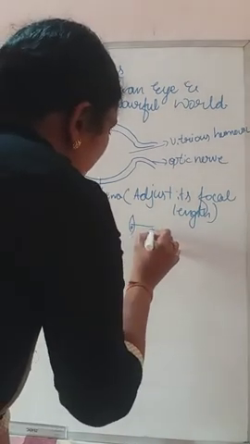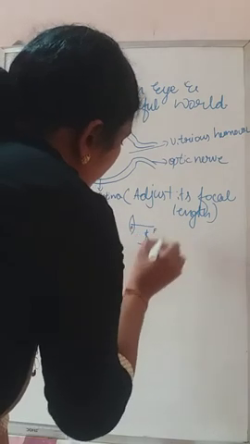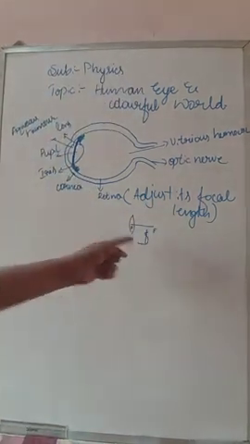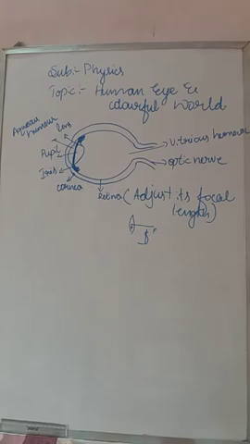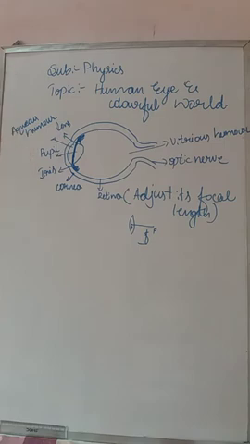The distance between the optic center and the principal focus is referred to as the focal length, denoted by the letter F. The retina is the innermost layer of the eye, and it helps to adjust the focal length.